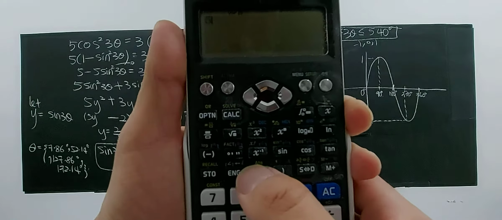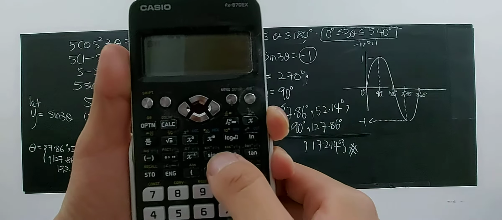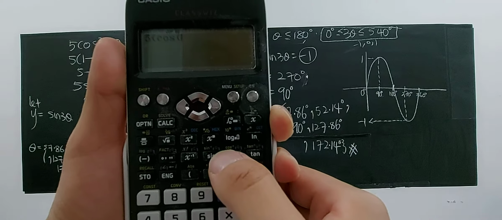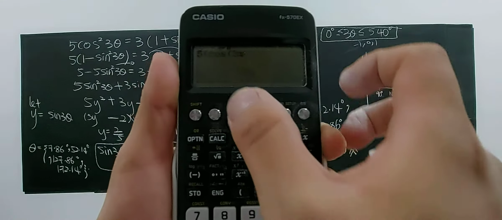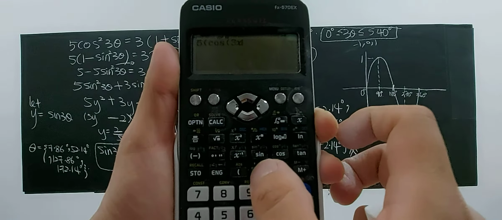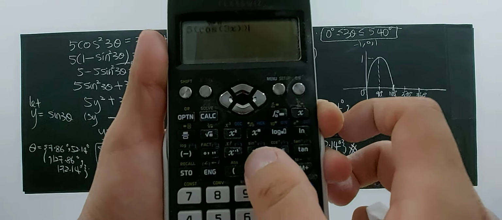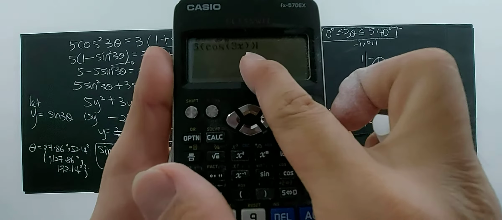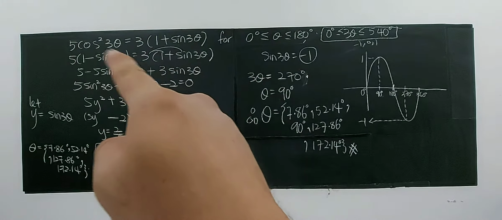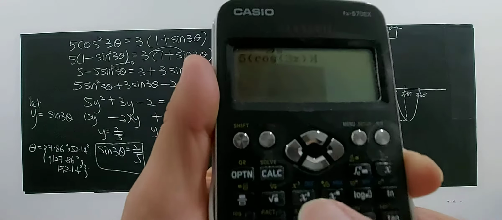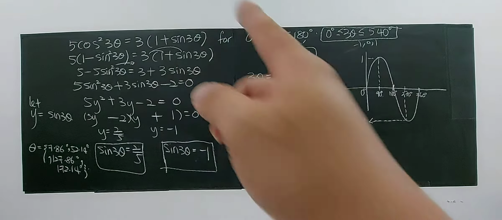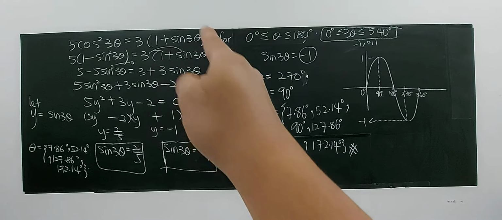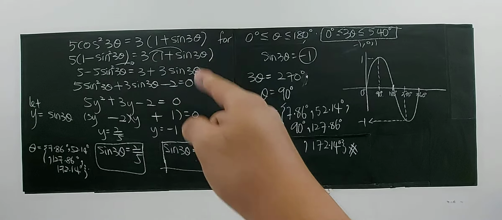Okay, cos 3x, bracket, because it is cos 3x squared, so I'm putting a square on top here, minus the right hand side. If you bring it over that side, everything will become equal to 0.